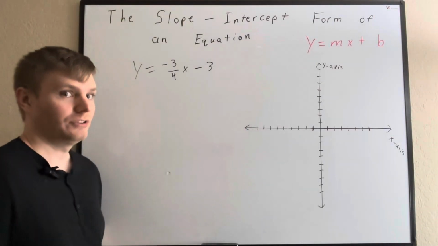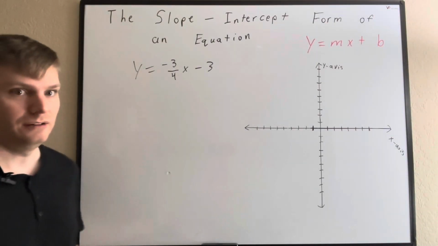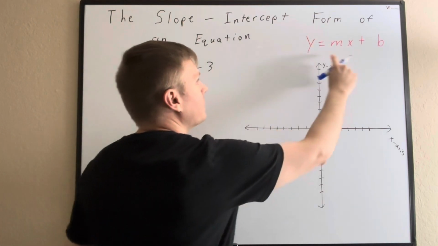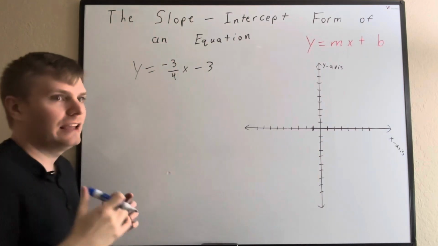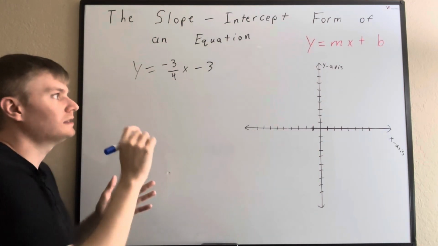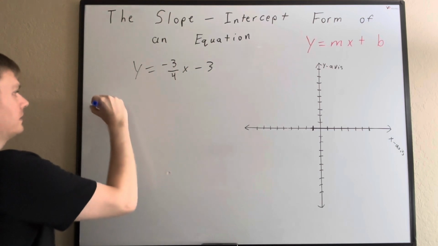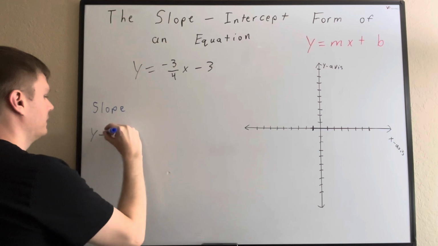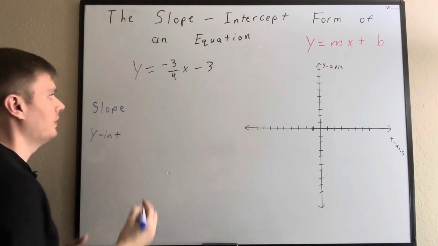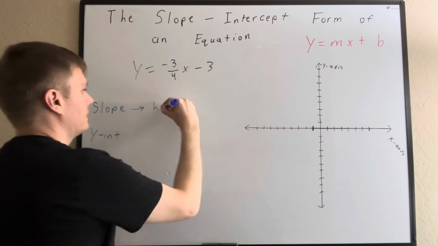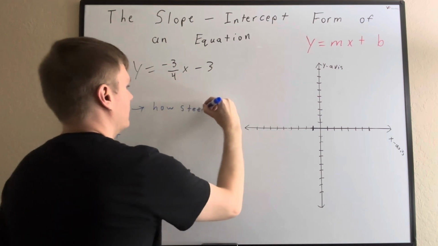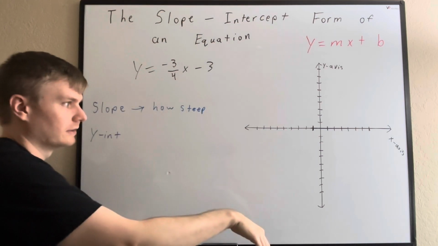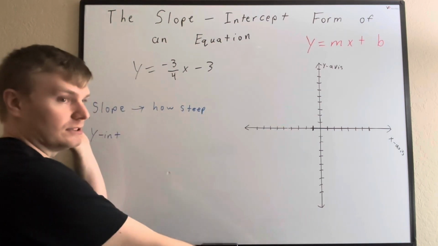All right, in this video, I'm going to go over the slope-intercept form of an equation. By slope-intercept, we mean that the equation is in this form that allows us to see exactly what the slope of a line is and its y-intercept. What is the slope? Slope is how steep that line is, because a line just goes on forever in one direction and the opposite direction.